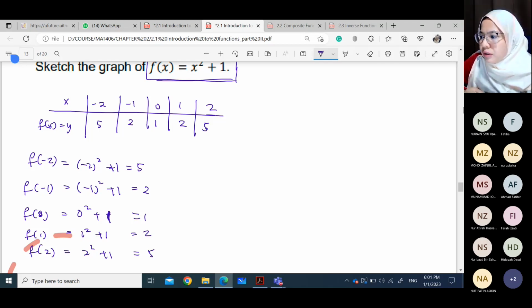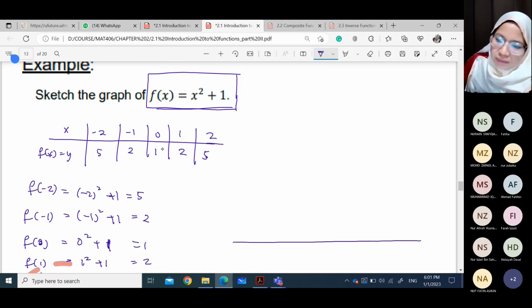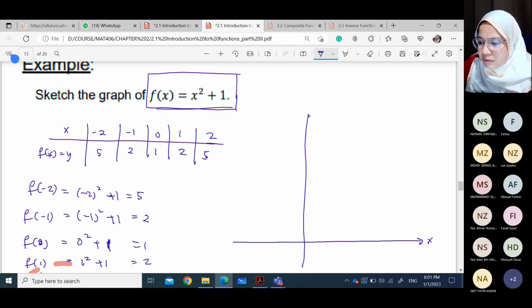Alright. So next, kita sketch graph. Yang ini, y tak ada positif, y tak ada negatif. Okay, so this one is x-axis. Okay, so this one is range, y.